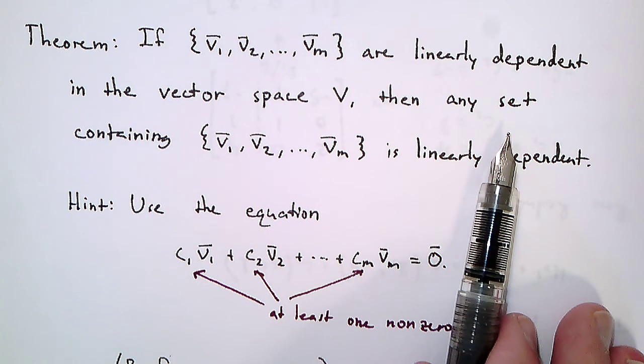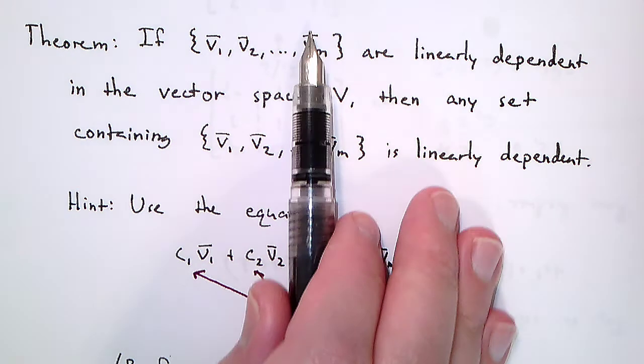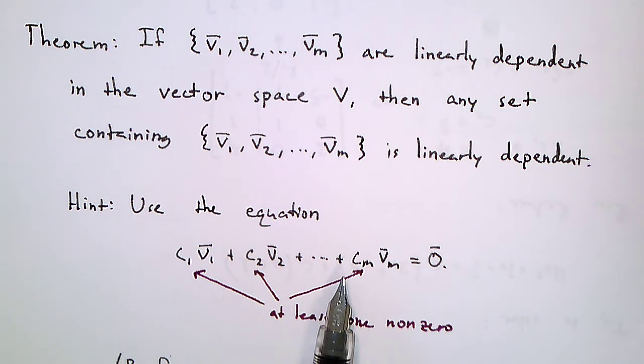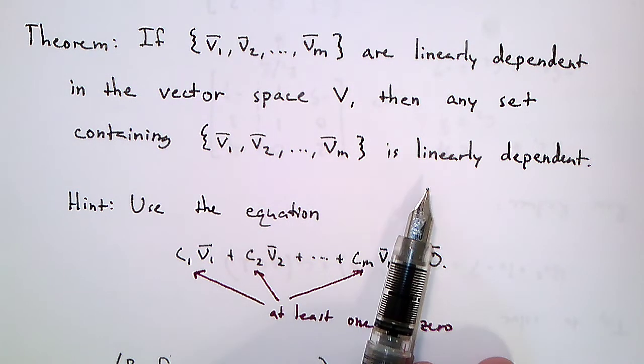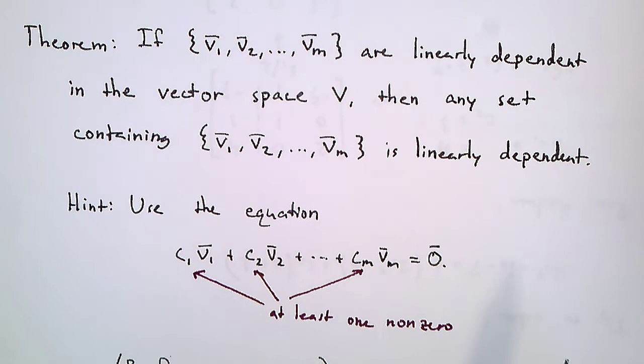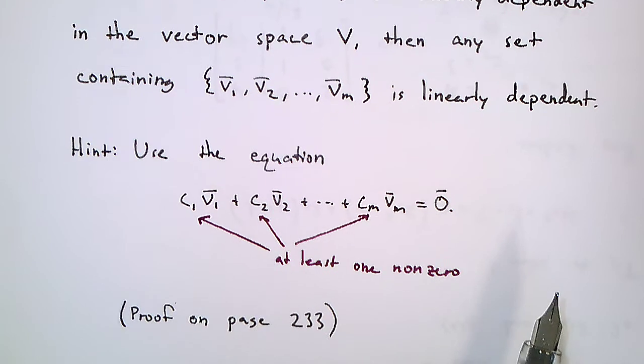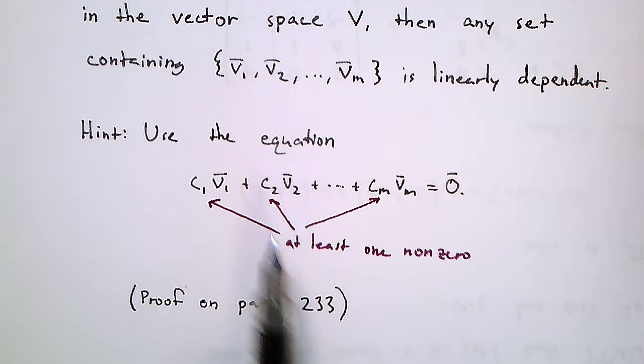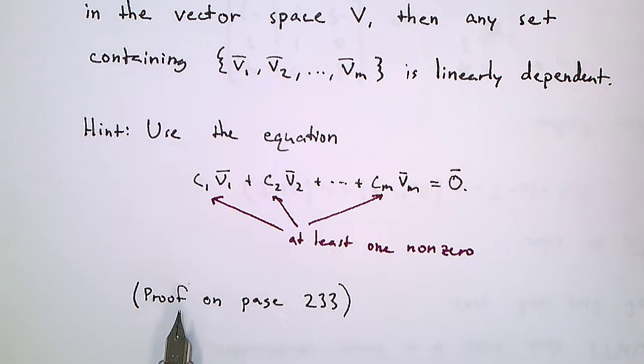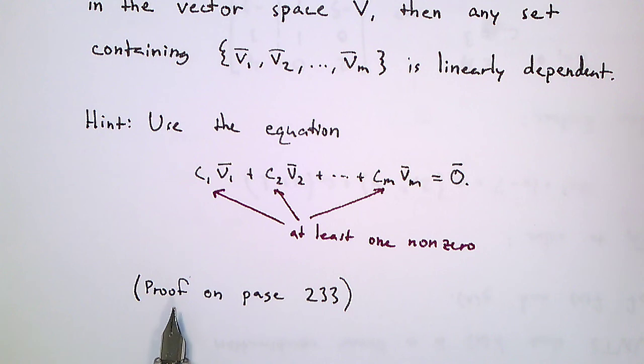So when you look at any set containing these, keep this equation in mind when you're trying to prove that that set is linearly dependent. And again, after you've given it some thought, maybe tried out the proof on your own, you should go take a look at the proof in your textbook on page 233.